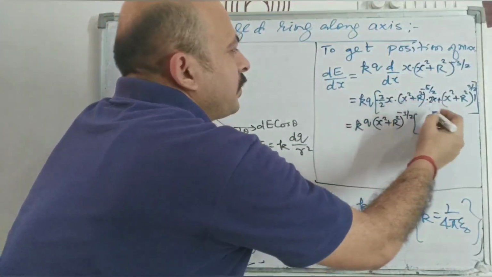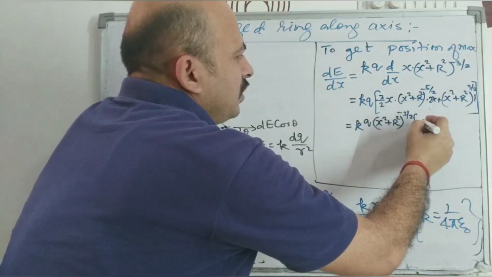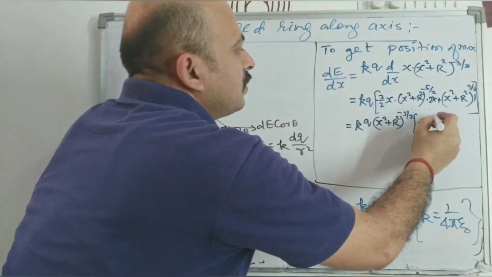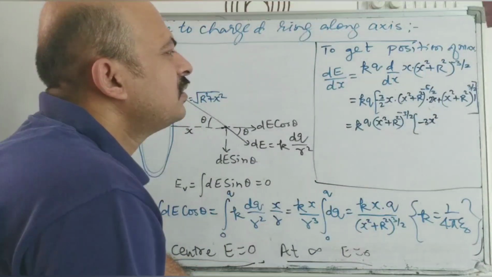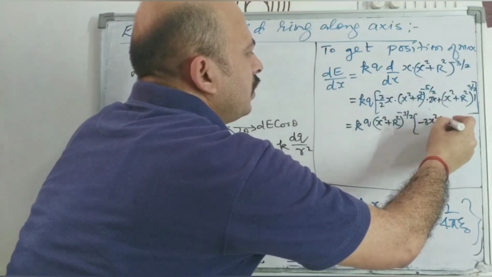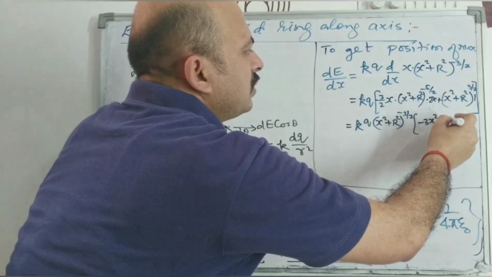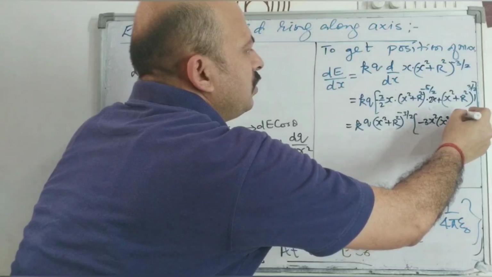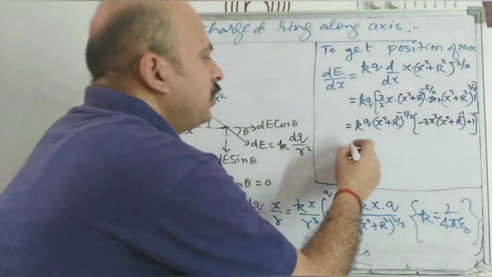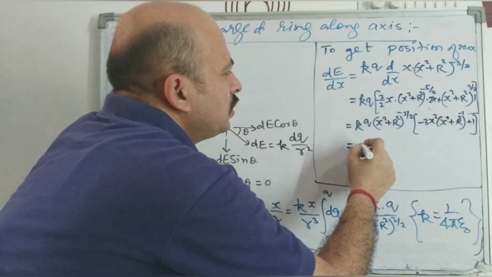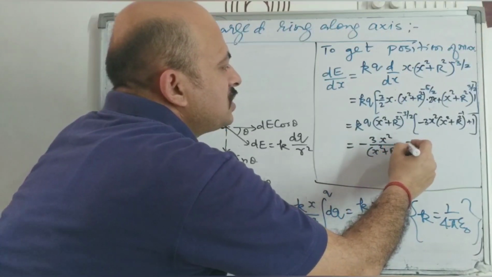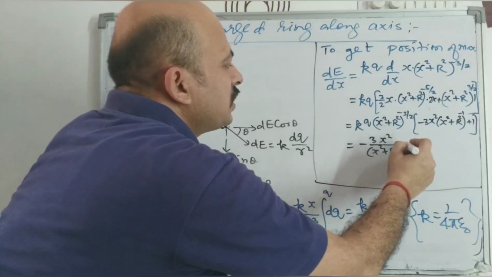So here we have minus 3x square plus x square plus r square to the power minus 1 plus 1. Therefore, that value will be equal to minus 3x square upon x square plus r square plus 1 is equal to 0.